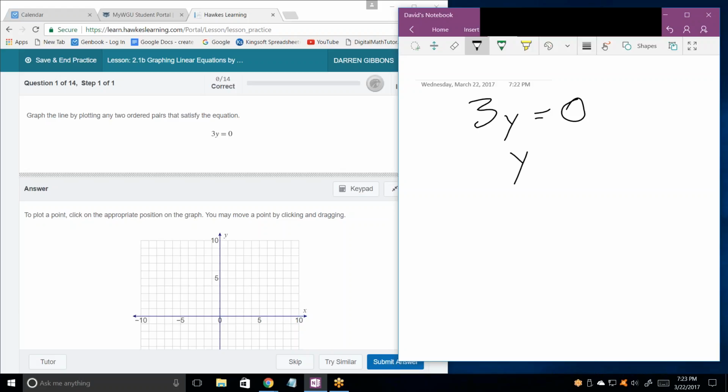I can get that by dividing both sides by 3 if you prefer, but nonetheless I still get y equals 0. And that's the only solution to that equation. There is no other value of y that works. If I make y any number at all, then I've got a number times a number, and that's never equal to 0.